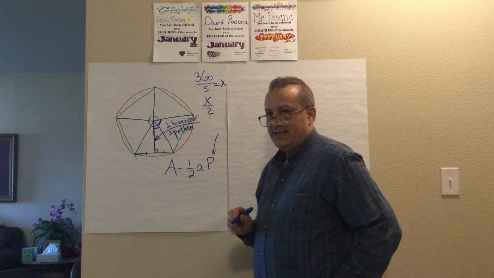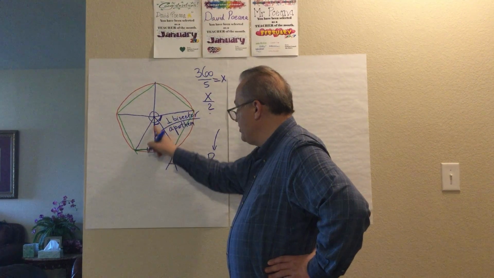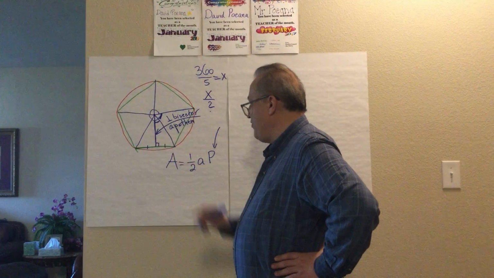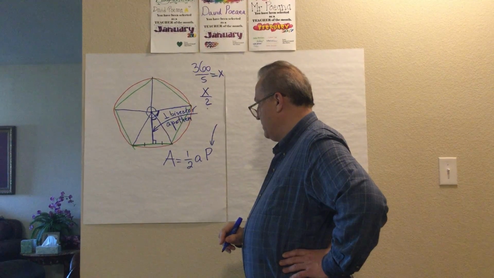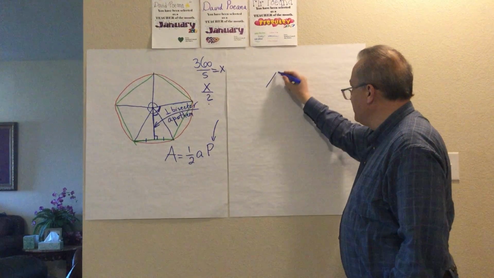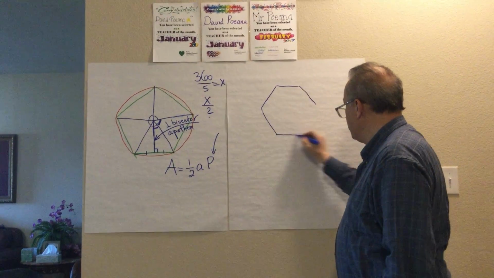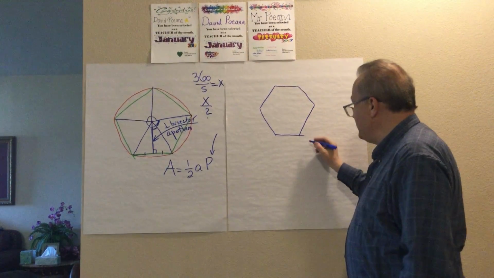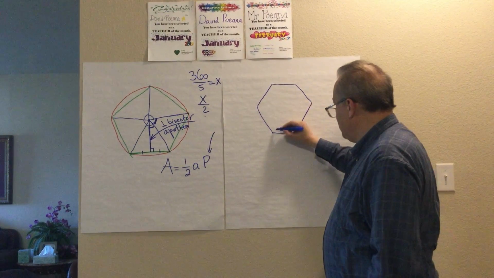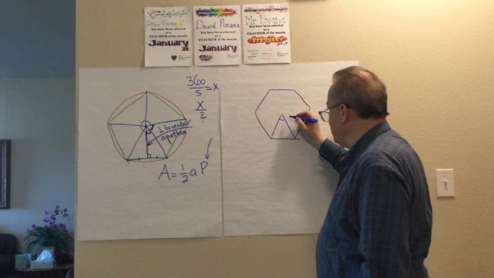The question is, how am I going to figure out how much this apothem is? Well, if I have the hexagon, it would not be that difficult because I have my 60 degrees here.